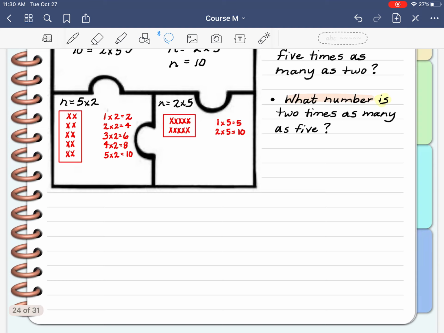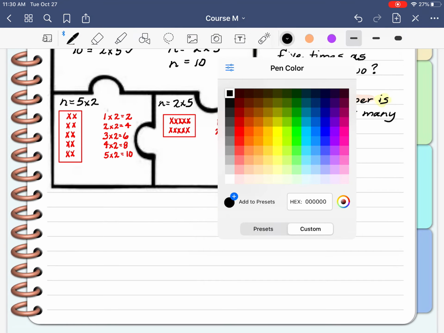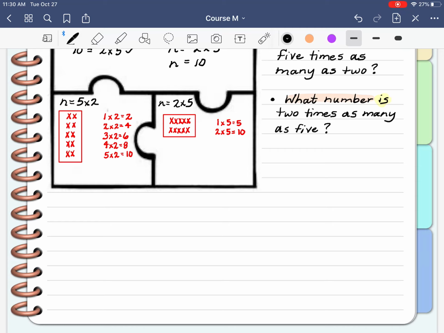Okay, one more example that does not involve a jigsaw puzzle. What if it said to explain 5 times 10 is 50? So what if they gave you the completed equation and asked you to explain what it means?